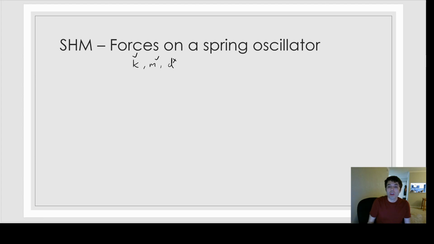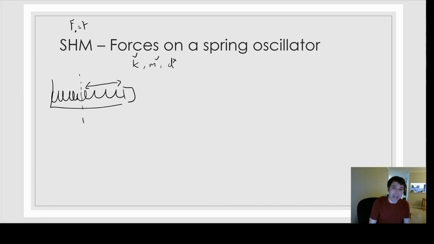Because if we have a spring oscillator, and we stretch it out, and say this is the equilibrium position here, we stretch it all the way out to here. As the distance gets larger, so does the force, because remember, Hooke's law says that the force of a spring is equal to kx. So as x increases, so does the force. If the force increases, so does the acceleration. The restorative force for a spring oscillator is the spring force.